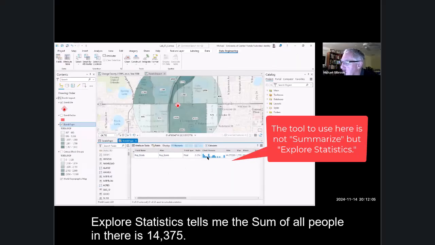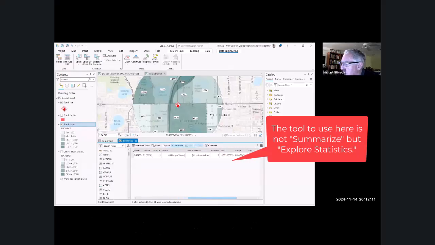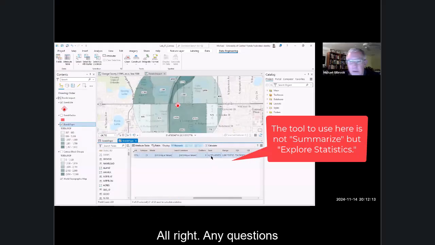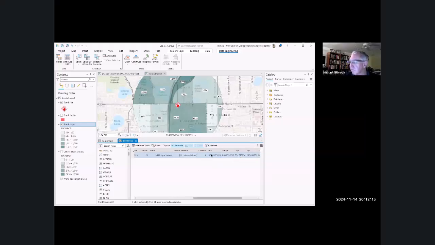There we go. Explore statistics tells me the sum of all people in there is 14,375. Okay.